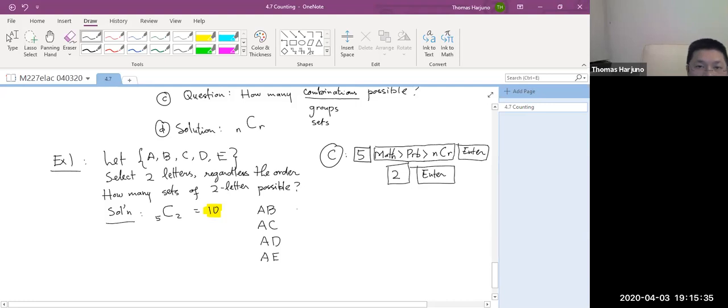How about BA? Is BA counted? The answer is yes if the order matters. But in this case, because it's a set of 2 letters, it doesn't matter the order. That's why I will cancel this out, because this is the same as the set AB.